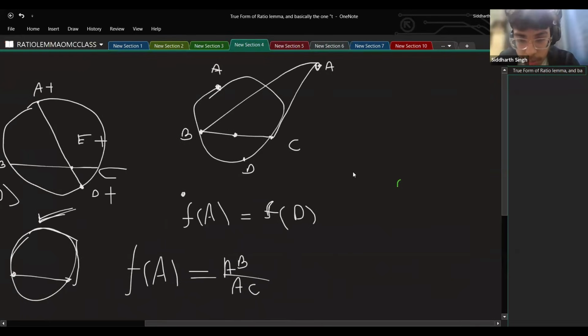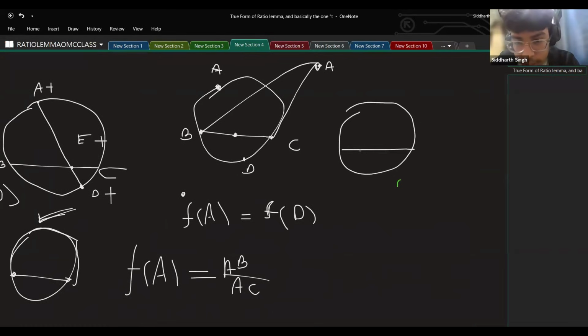So basically, by sine rule, it's not that hard to find. Suppose we fix line BC and we define the ratio function.